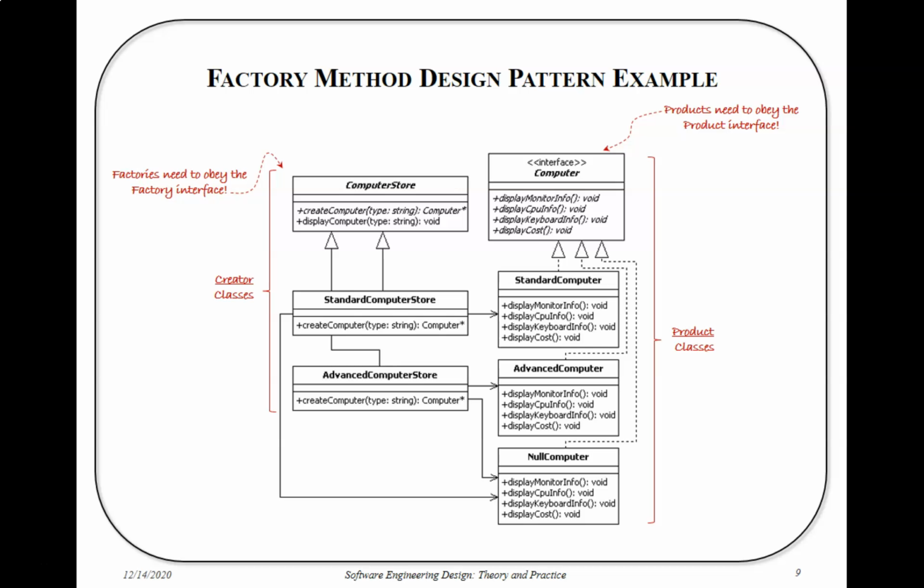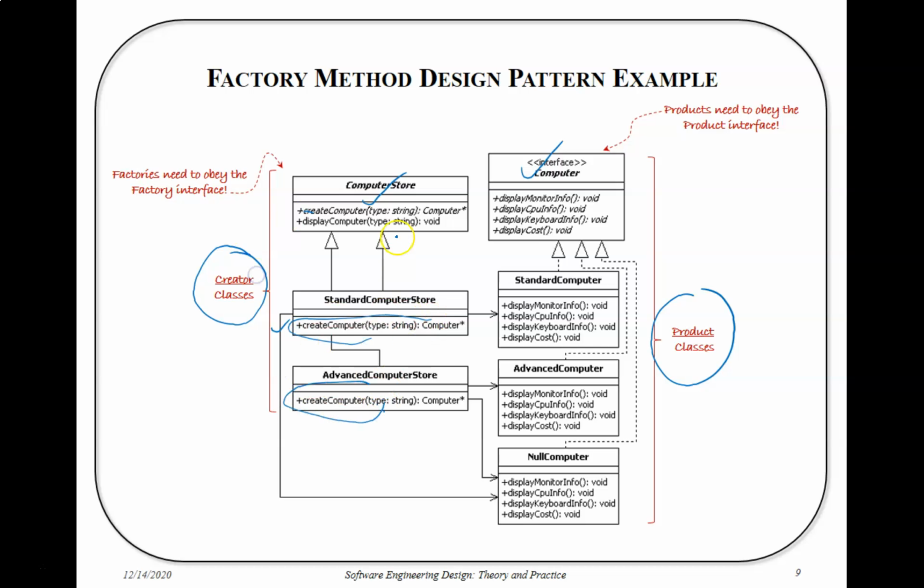This is our solution, the design for the factory method design pattern that solves the computer store problem. We have a creator class, and we also have the product classes. Here are the interface classes, and here is the abstract class. The abstract class is implemented here for what we call the abstract method. So the factory method is an abstract method.